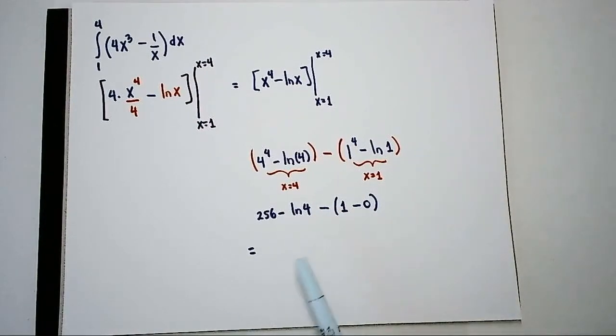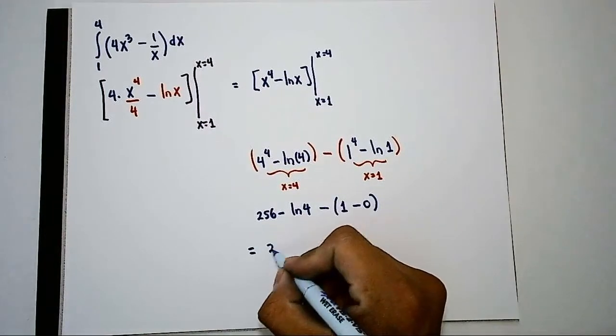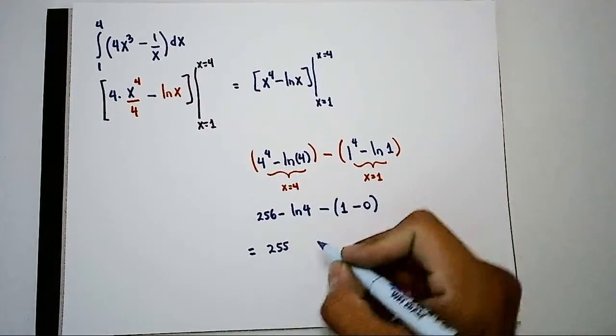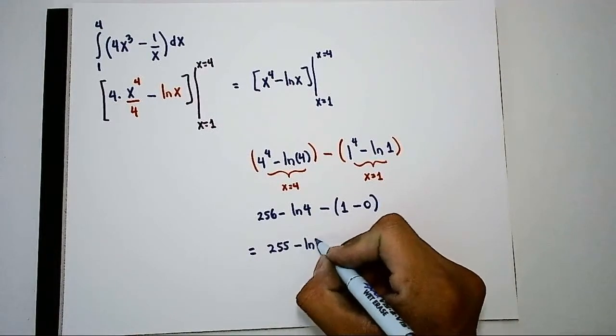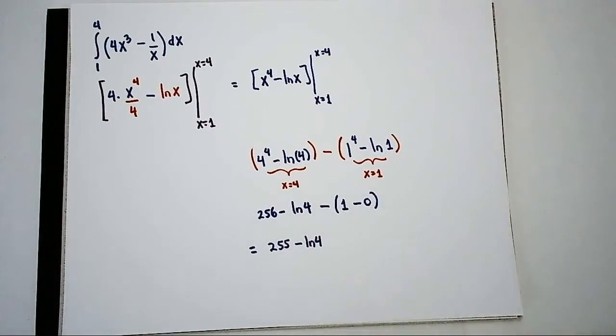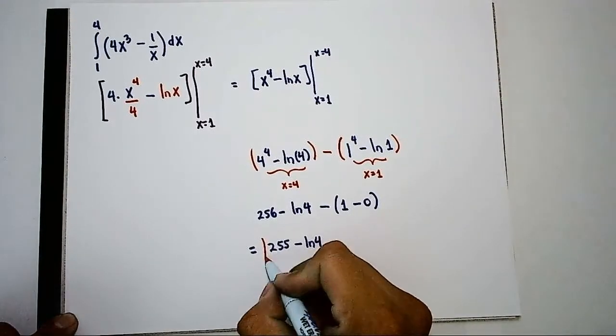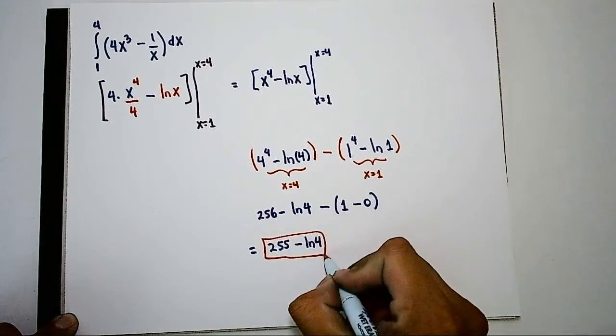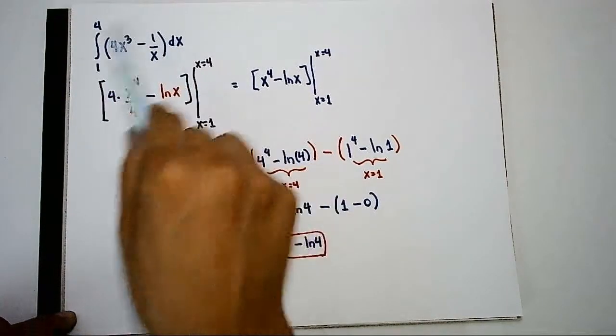Then this is 256 minus 1 is 255 minus natural log of 4. And this is the solution of this definite integral.